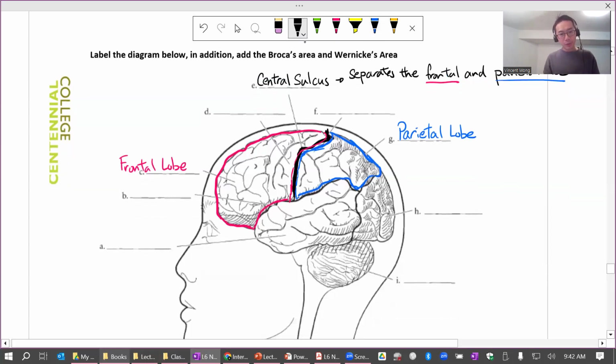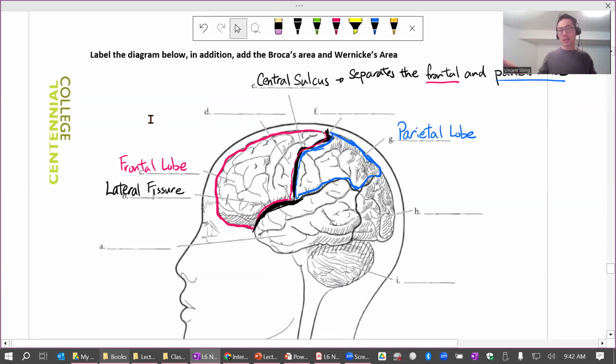There is another groove right here. The grooves are kind of like the boundaries, the border of a country, if you would. So this one is called the lateral fissure. It's deeper than the other ones, which is why it's called a fissure. Sometimes they also call it the lateral sulcus.